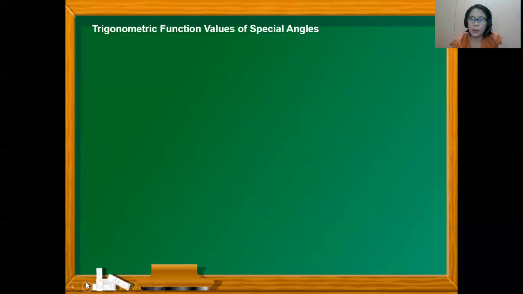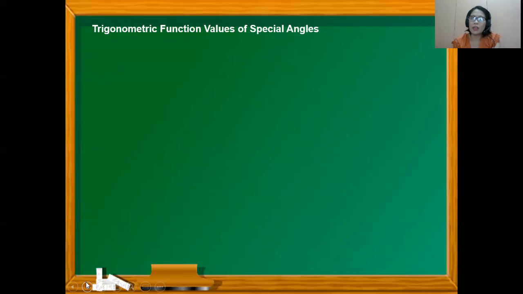Next, we're going to work on trigonometric function values of special angles. The special angles are angle measures 30, 45, and 60. Why are they special?